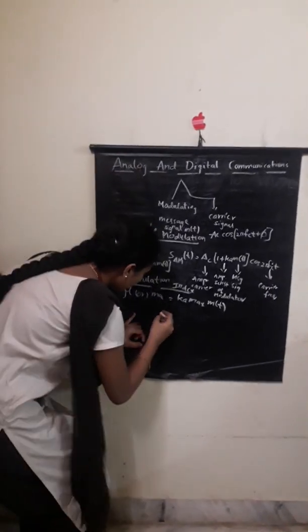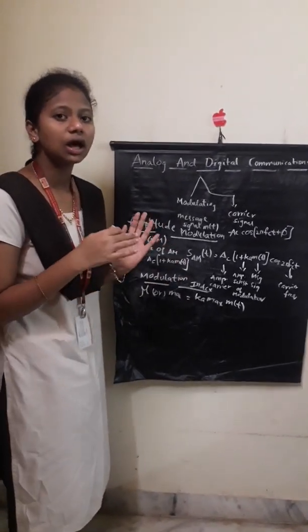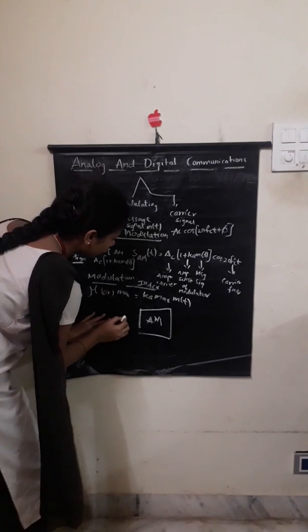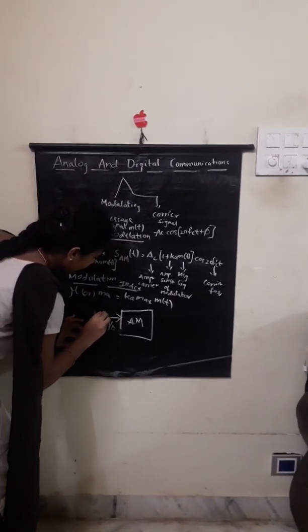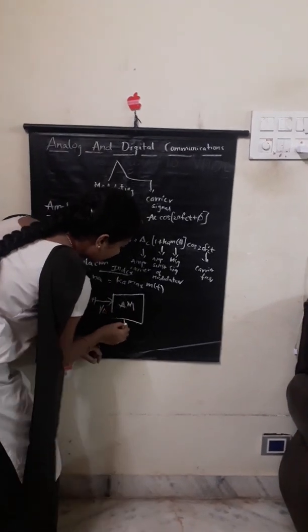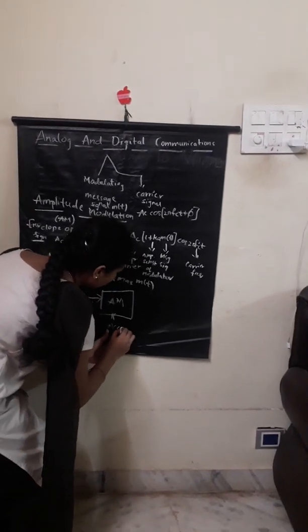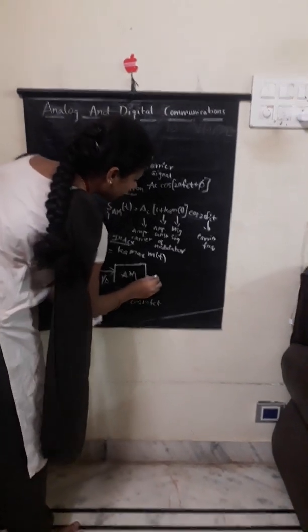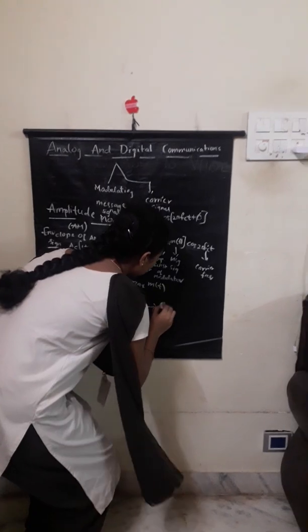Now we will describe the amplitude modulation in a block diagram. Suppose this is the AM modulator and we give the input m(t) and the carrier signal Ac cos 2π fc t, and we will get the output amplitude modulated signal s(t).